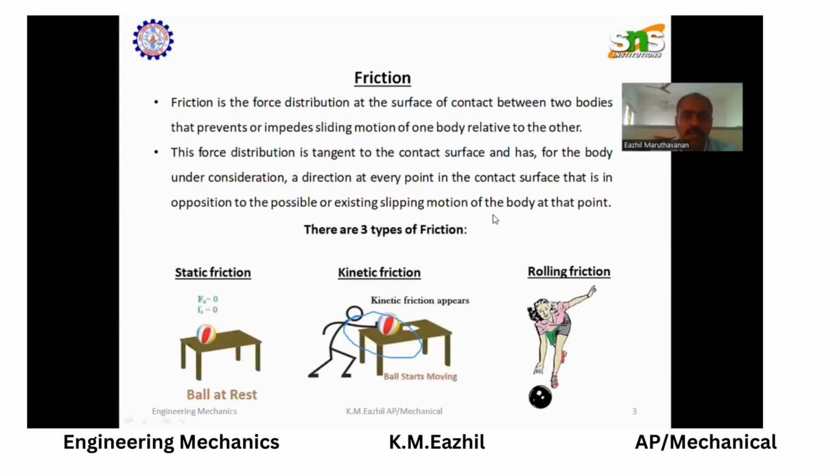Friction is the force distribution at the surface of contact between two bodies that prevents or impels sliding motion of one body relative to another. The force distribution is tangent to the contact surface and has, for the body under consideration, a direction at every point in the contact surface that is opposite to the possible or existing slipping motion of the body at the point of contact.